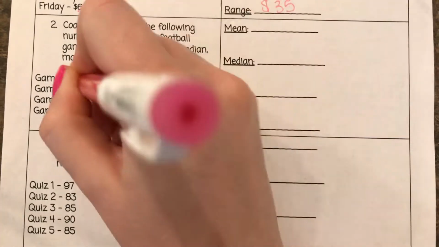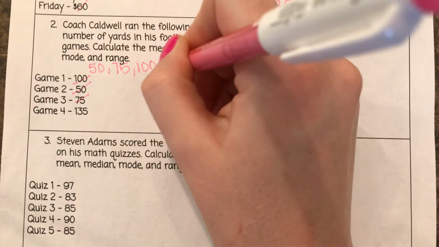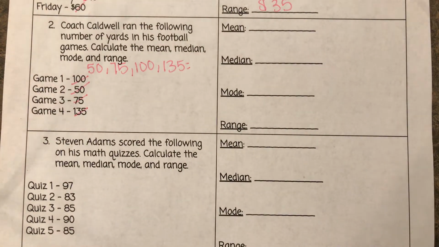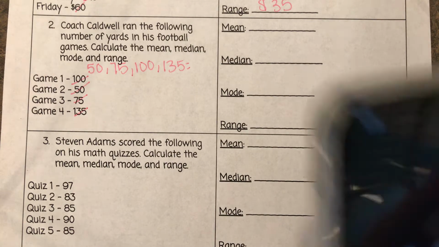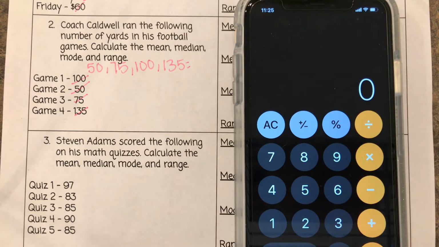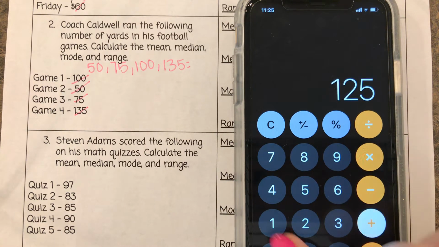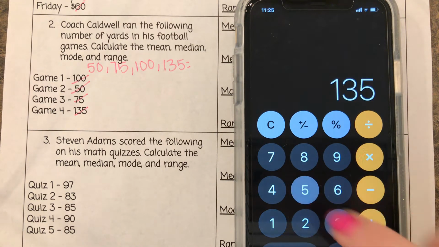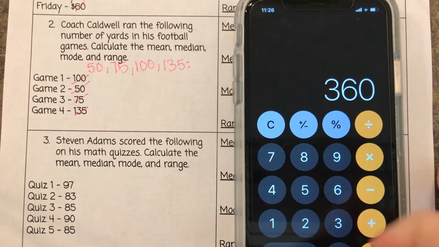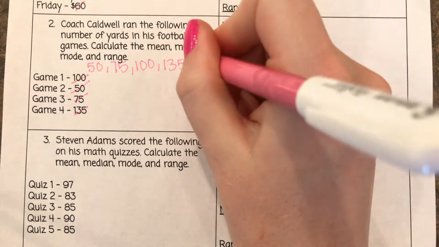Game 1 was 100. And then 135. Okay, we've got to add our numbers together. So 50 plus 75, 100, and 135, 360 yards altogether.